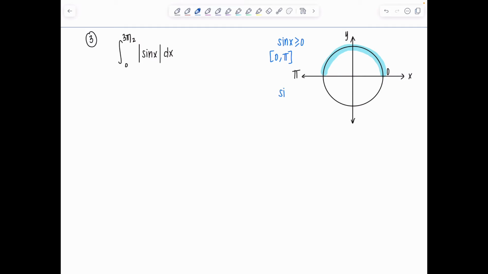And then sine of x is less than 0 on pi to 2 pi. So from here to here. But then also it just keeps repeating, right? So you could say plus 2 pi k, where k is an integer. Z means integers.